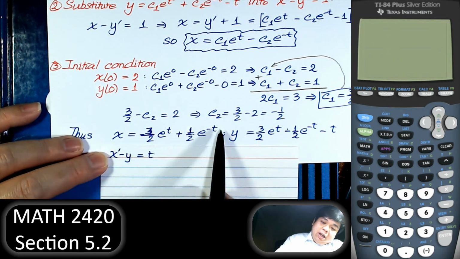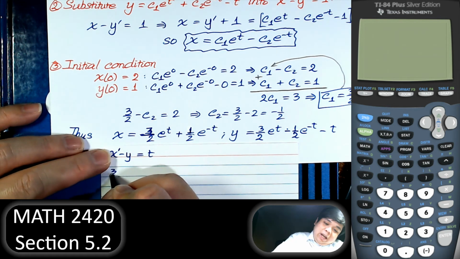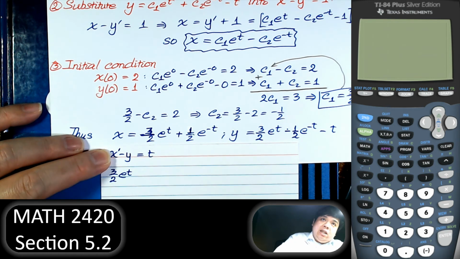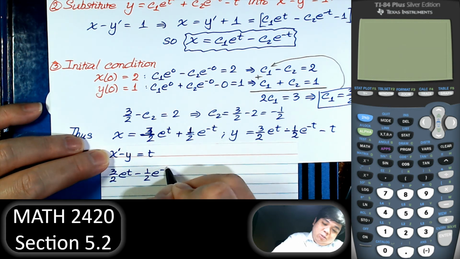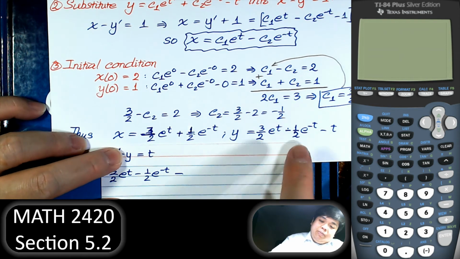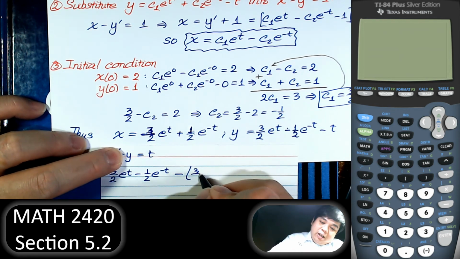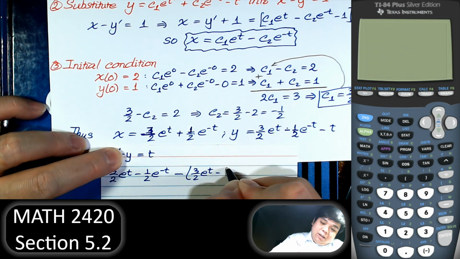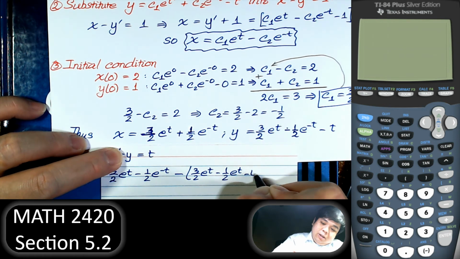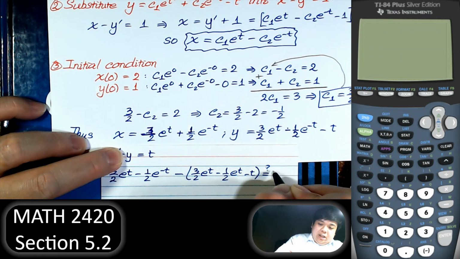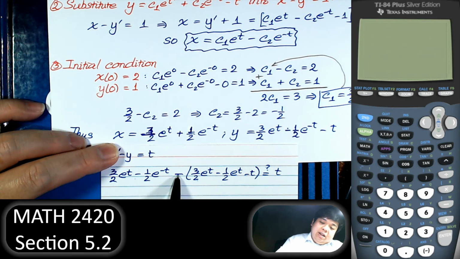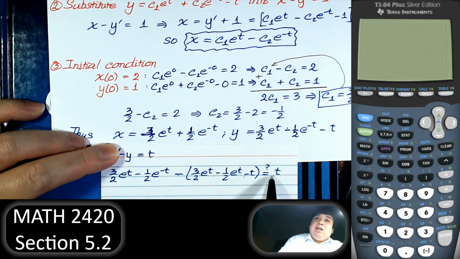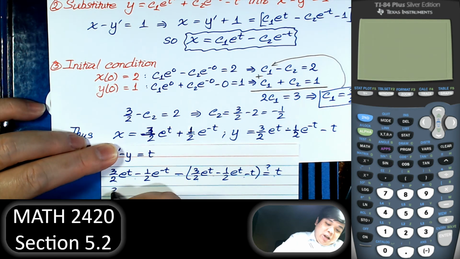Derivative of this, 3 half e to the t minus 1 half e to minus t. Subtract y. I'm just going to copy the whole function there. And is that equal to t? So the 3 halves cancel out, negative that, plus that. So that's good.